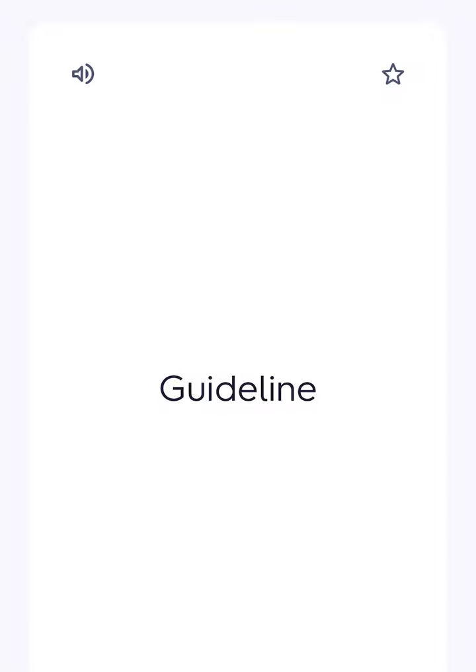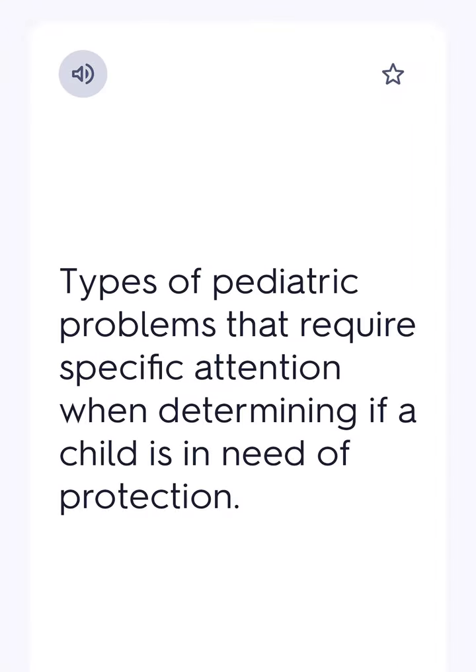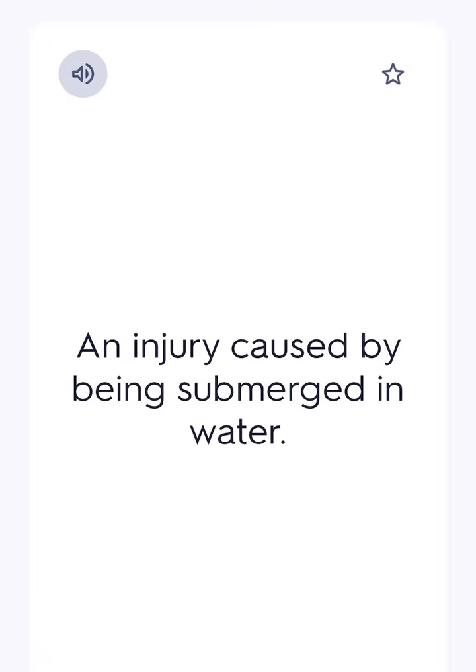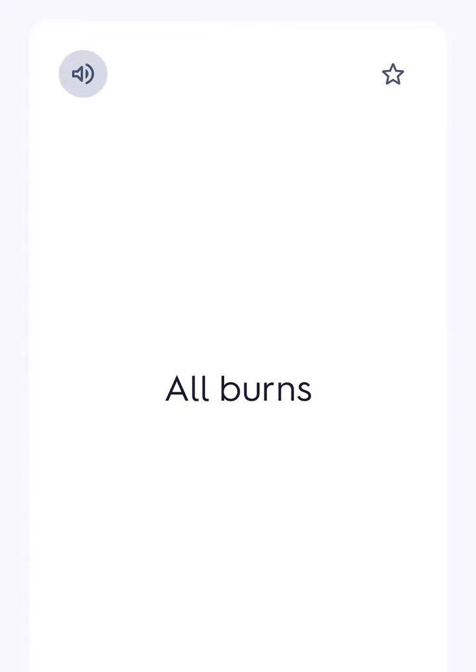Guideline. Types of pediatric problems that require specific attention when determining if a child is in need of protection. Submersion injury. An injury caused by being submerged in water. All burns.